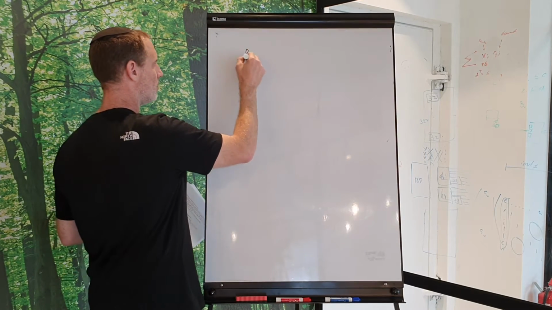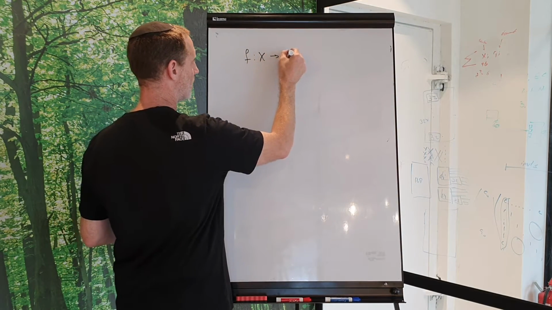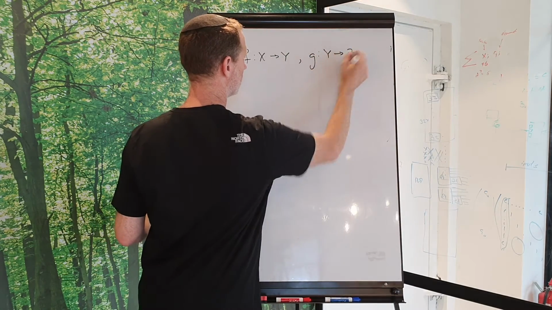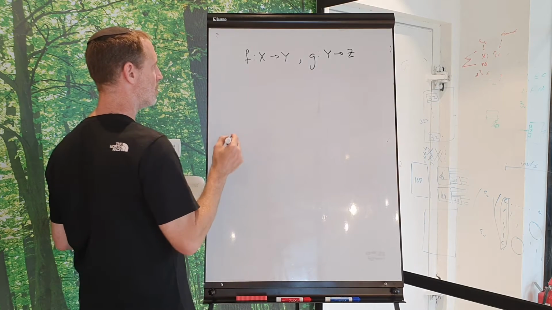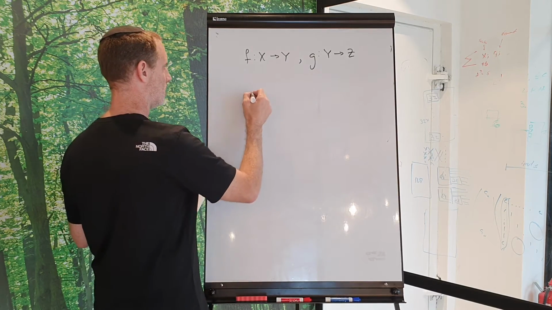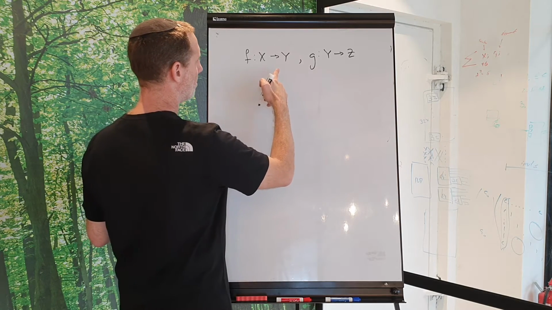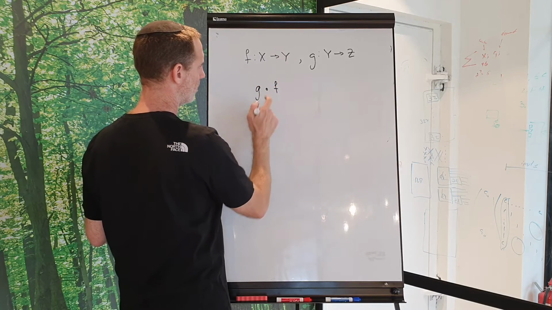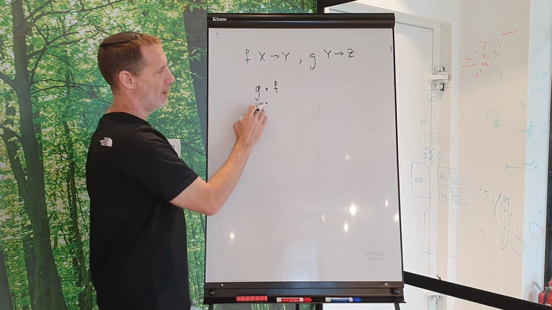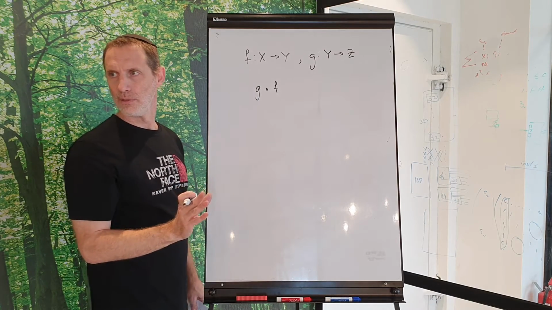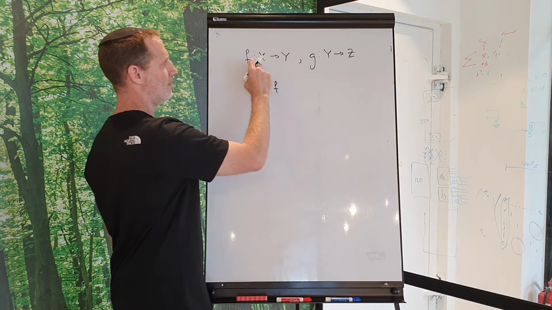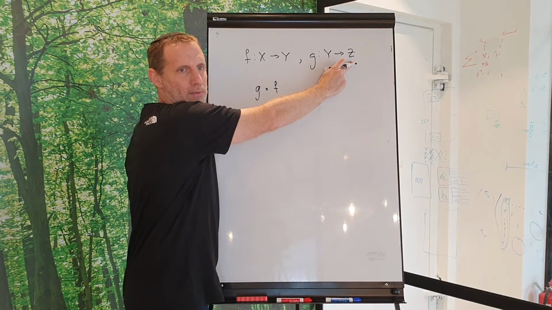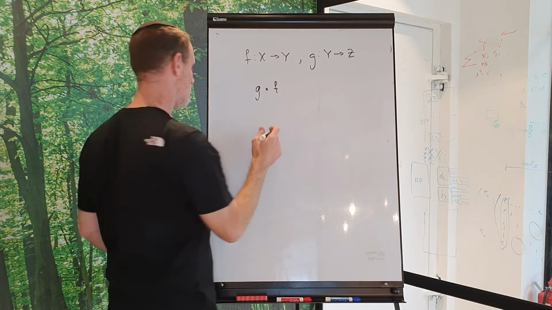We'll say that if we have two functions, f from x to y, and then g from y to z, then we can talk about a composition, g of f, or g on f. The order does matter here, because you obviously can't do f on g: the domain of f is x and the codomain of g is z, so you can't do that.